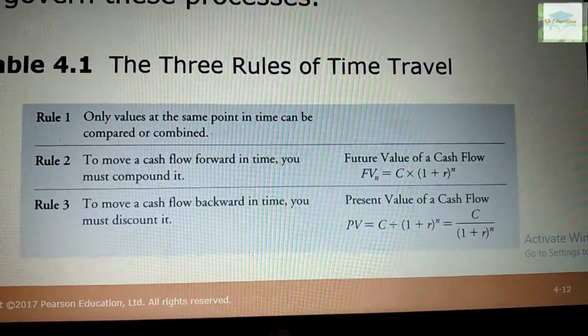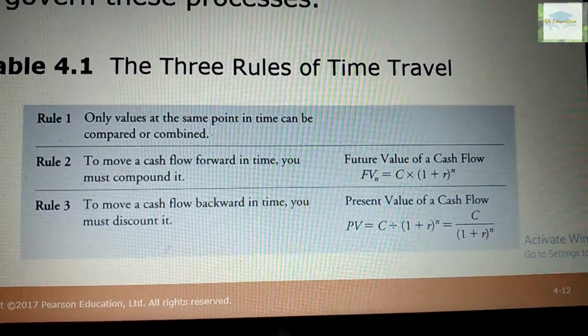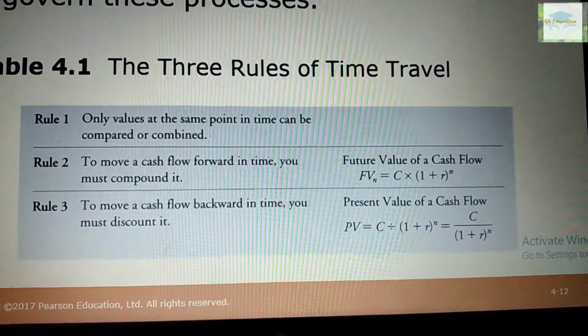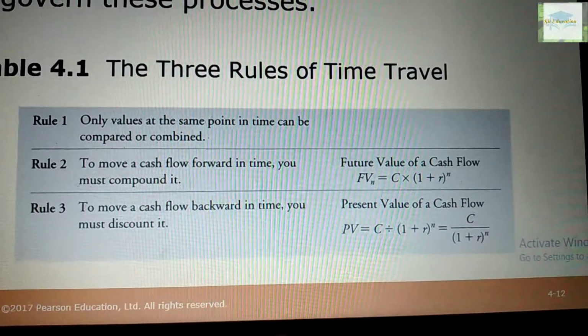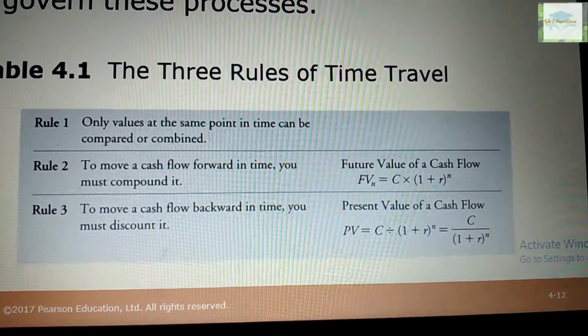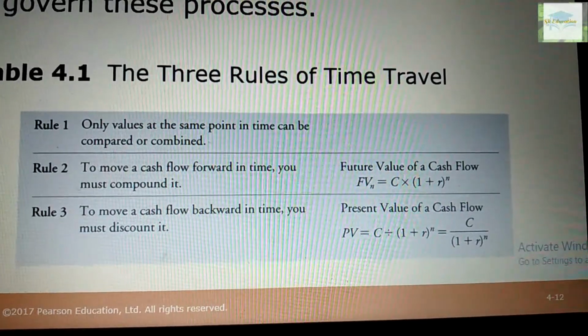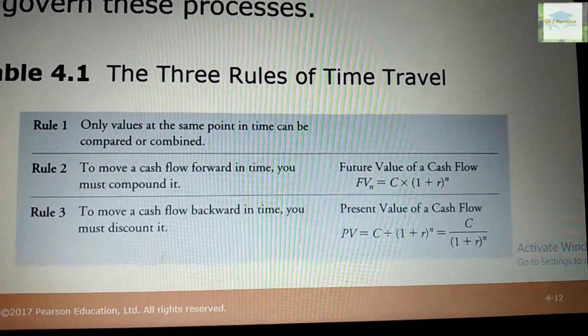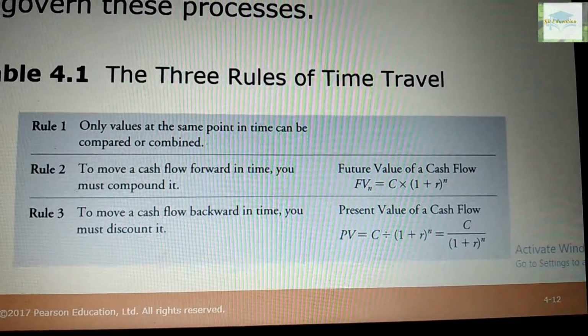C is the present value or coupon value. R represents the percentage, like 5% or 10% discount rate, and N is the number of years, like 1 year, 2 years, 3 years.